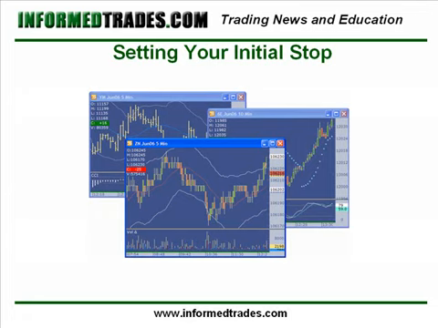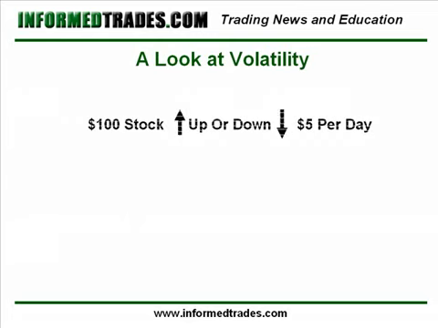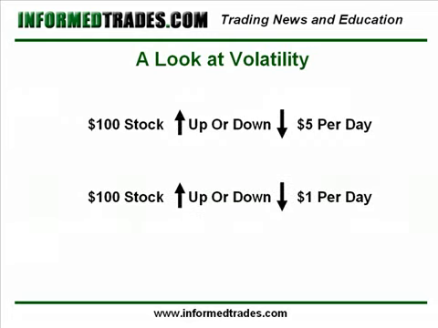So although many traders are going to look at other things in conjunction with this, having an idea of the historical volatility, or how much the financial instruments that you're trading move, is always a good idea when thinking about setting your stop level. For instance, if you're trading a $100 stock that moves $5 a day on average versus a $100 stock which moves $1 a day on average, that's obviously going to tell you something about where you should place your stop.